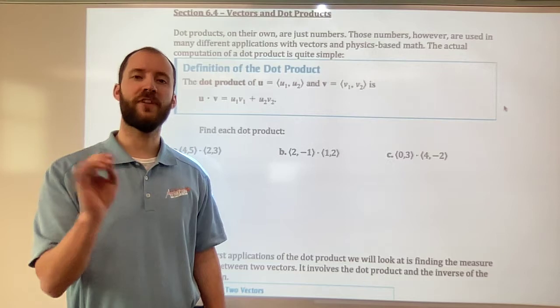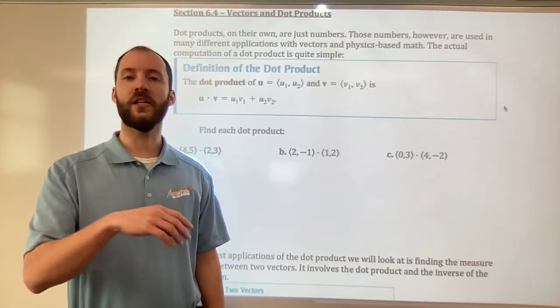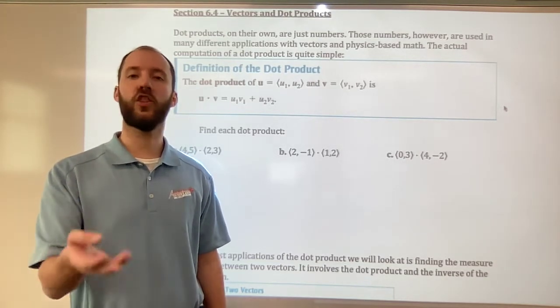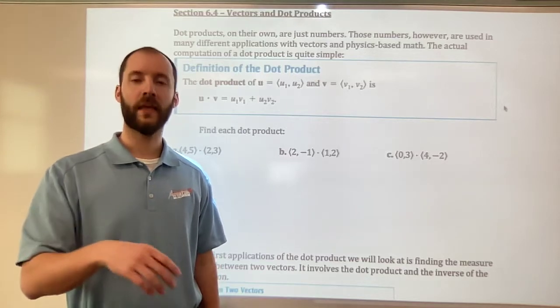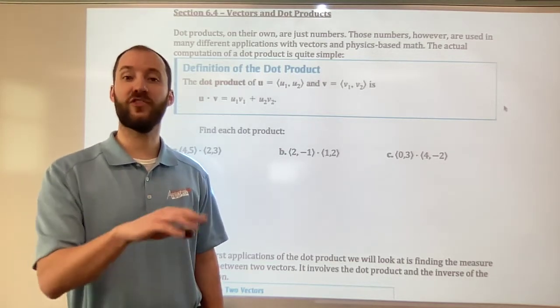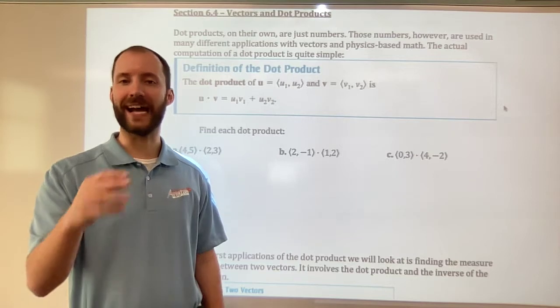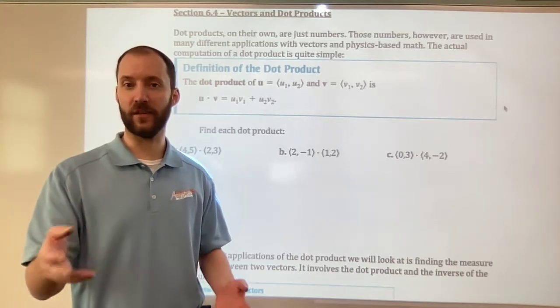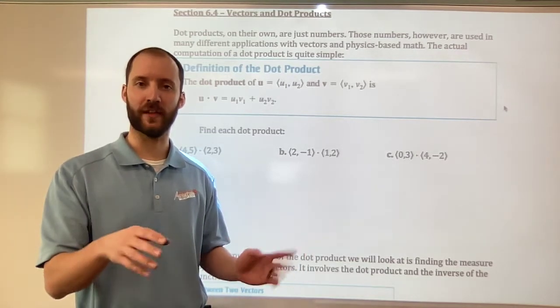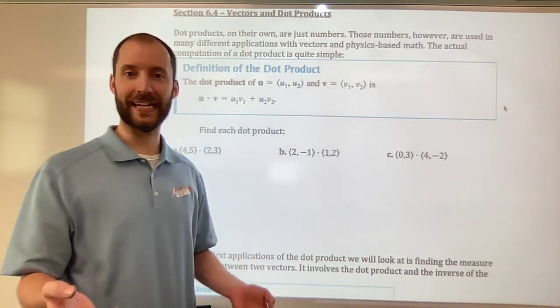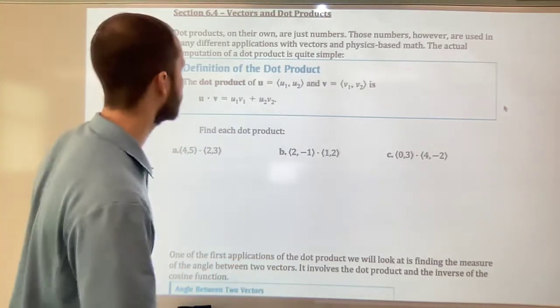It becomes very useful when you use it in other calculations. So finding it is really easy, but a dot product in and of itself is not all that useful. How you can apply it is useful.